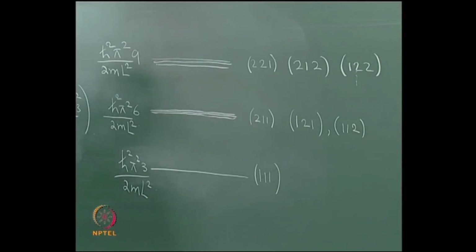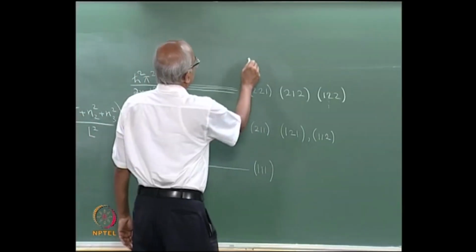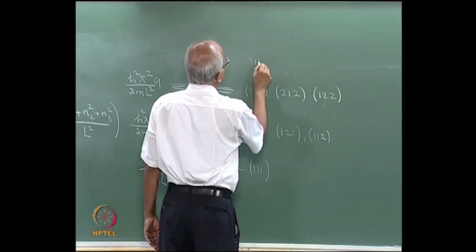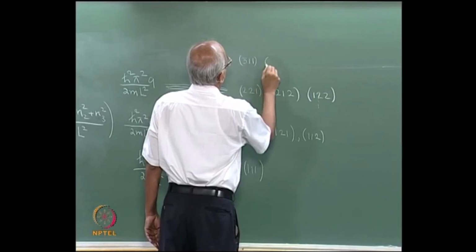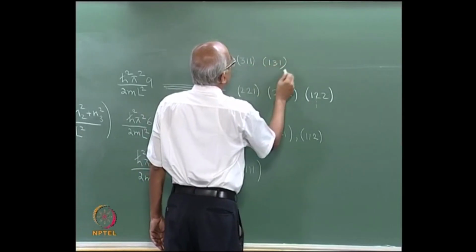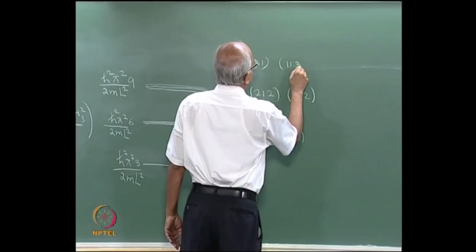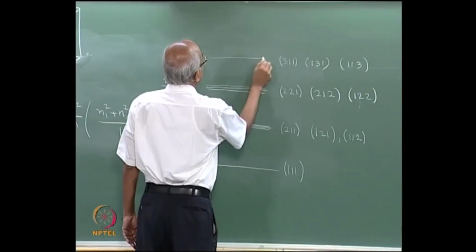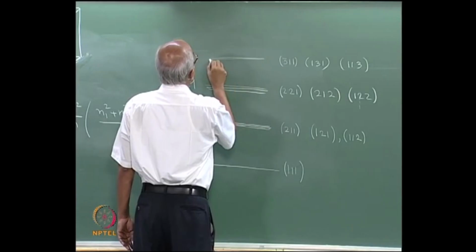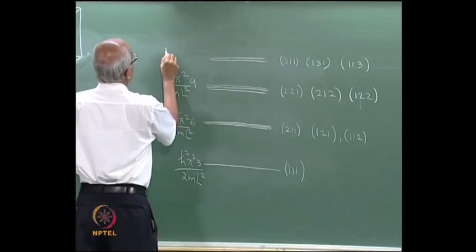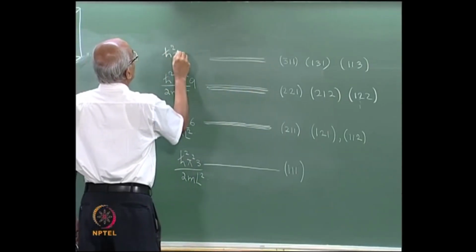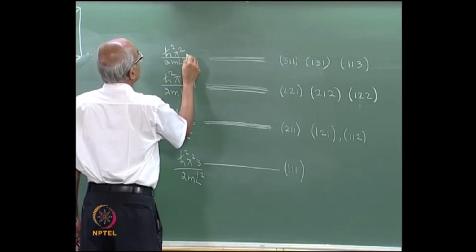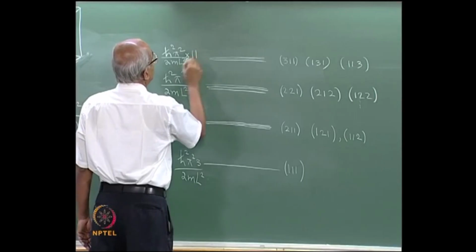The next energy level, you can think about it, you will find that it is actually obtained by putting the quantum numbers equal to 3, 1, 1, or 1, 3, 1, or 1, 1, 3. This also is triply degenerate. The energy will be given by h cross square pi square divided by 2m L square into 11.